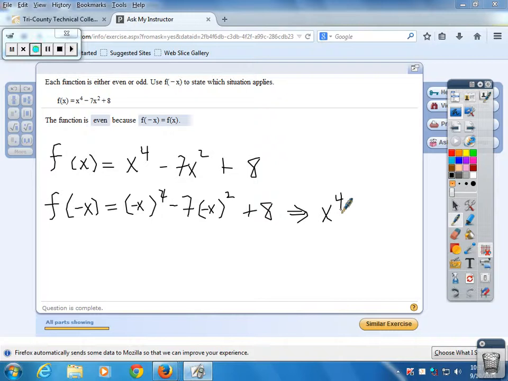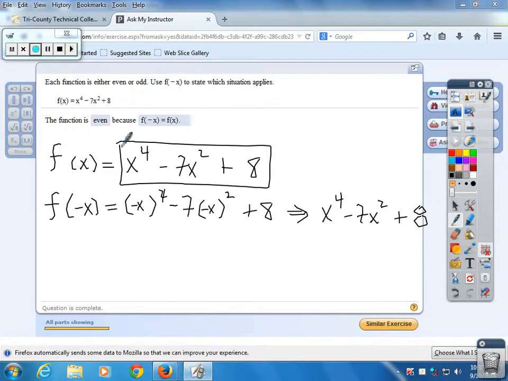What does this come out to be? That is x squared, minus 7x squared plus 8. So what does that tell us? Do they match? They're even. Yes, sir.